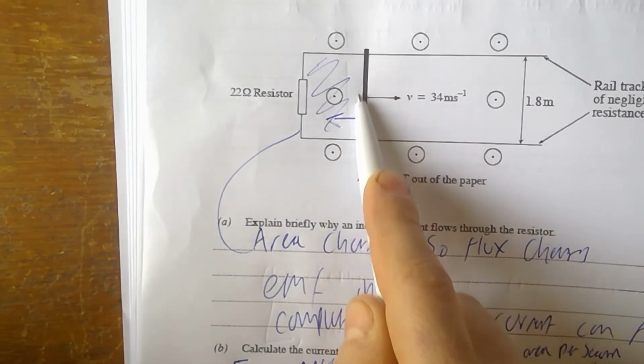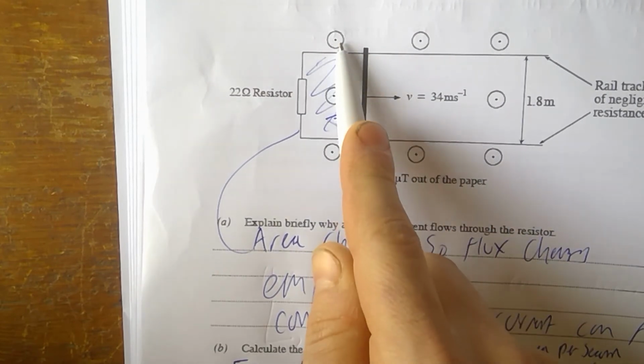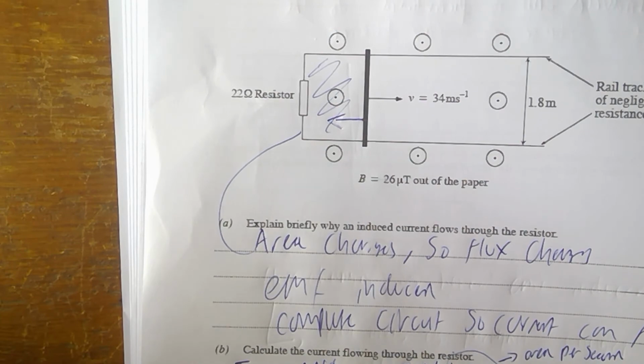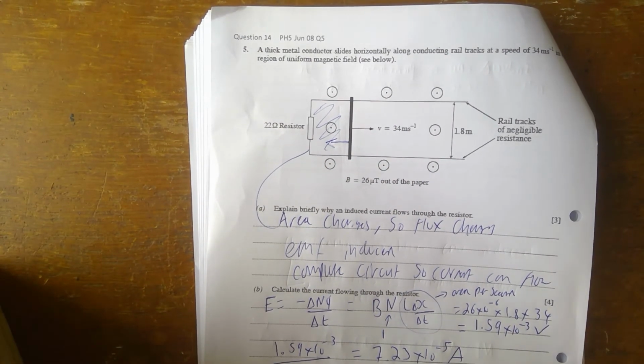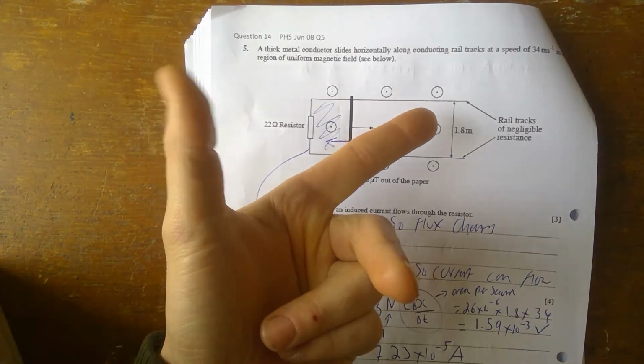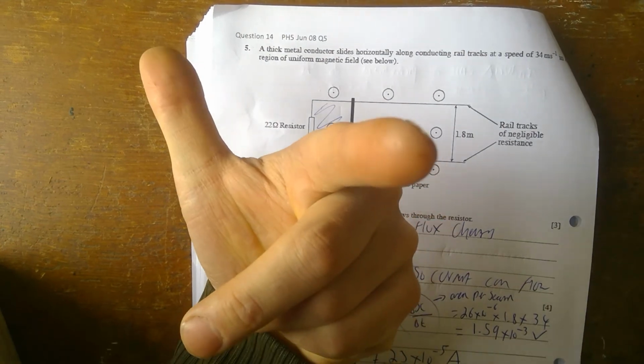As soon as a current flows through this, you've got a current carrying wire in a magnetic field, so it will feel a force. If we use Fleming's left-hand rule, and I'll try and do that, this is a bit awkward. Force, field, current. Well, the field is coming towards you.